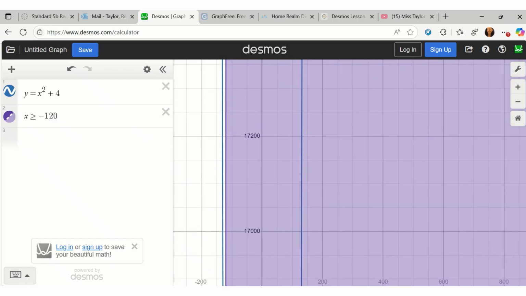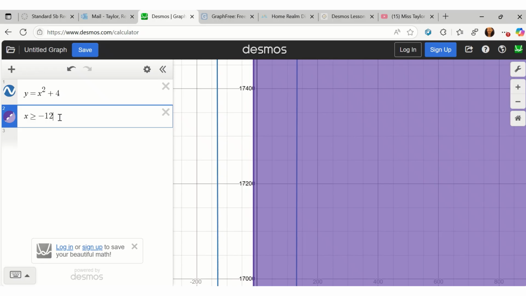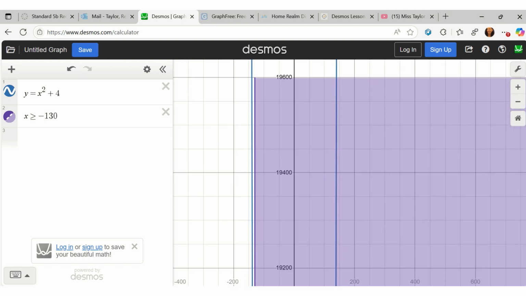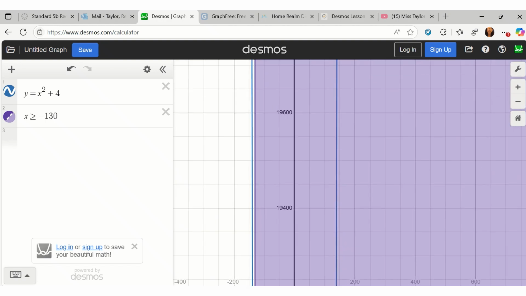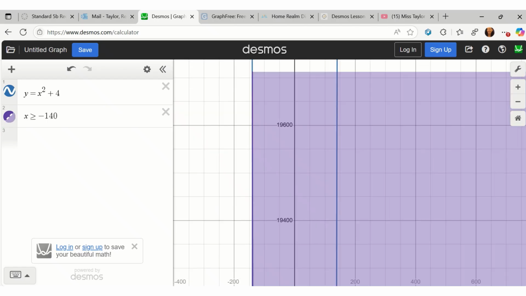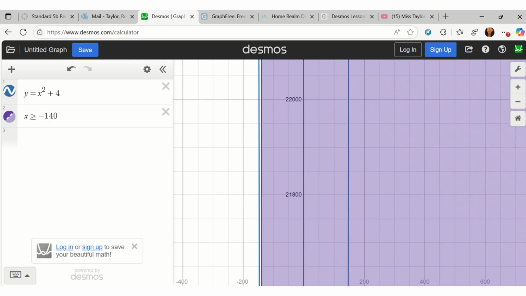What if I make it negative 130? Now I've got it in there, and oh, wait a minute, now I've creeped outside again. I'm up to 19,000. Let's change it again. I know this is kind of a weird thing. Oh, I captured it again, but I can just keep going and creep out on the other side.